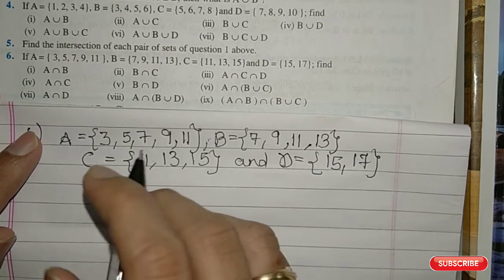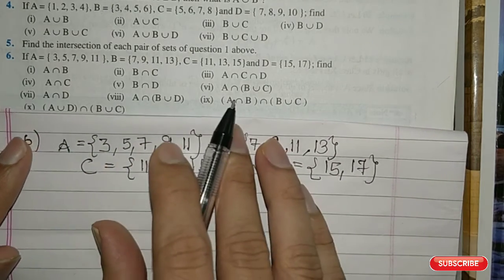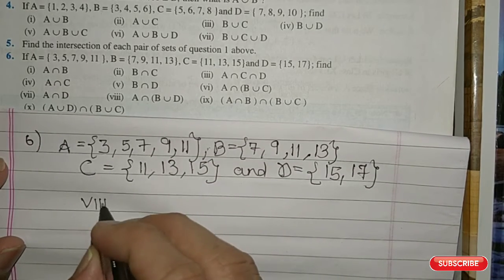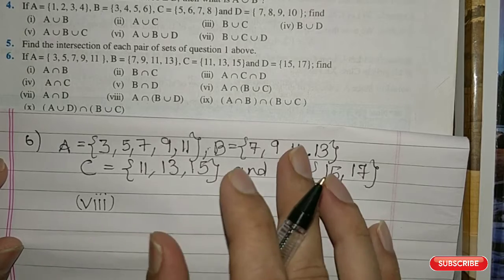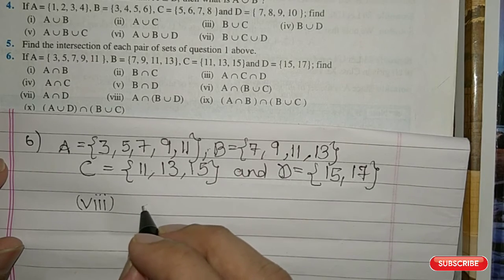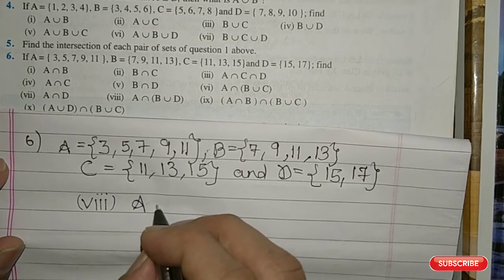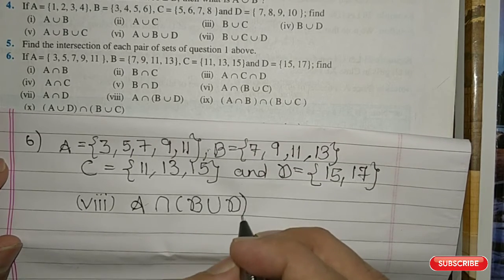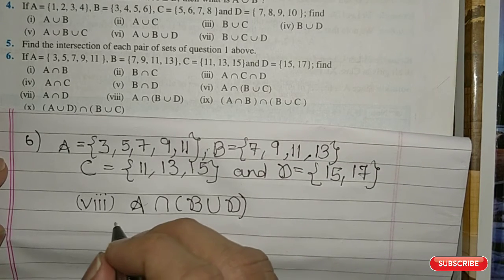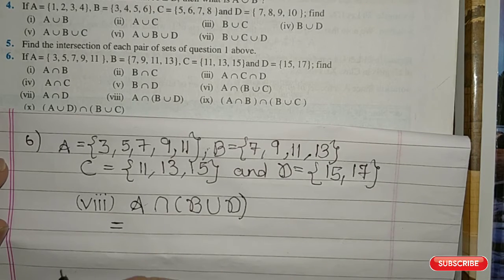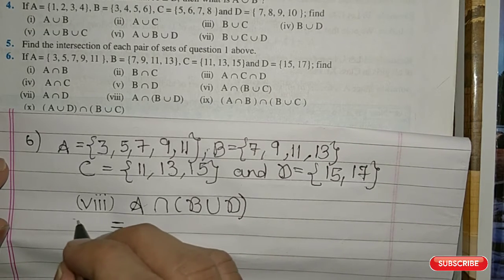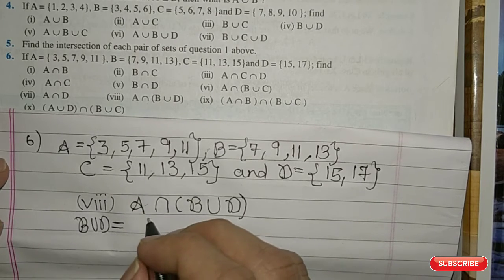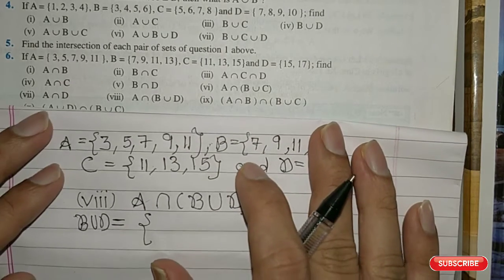Let us look at question number 8 for the sixth one. What is question number 8? Question number 8 is you have to find A intersection B union D. First we will find B union D. What will be B union D?